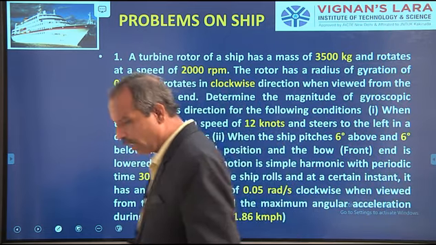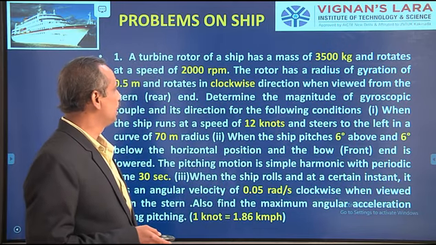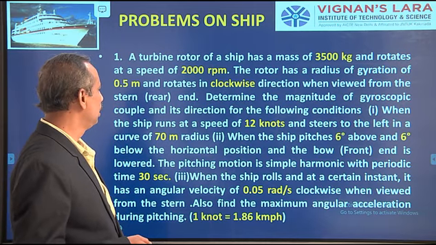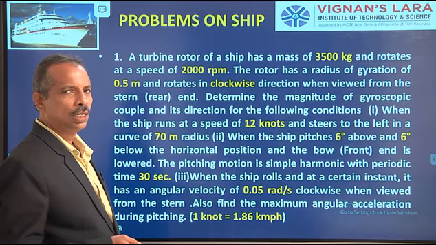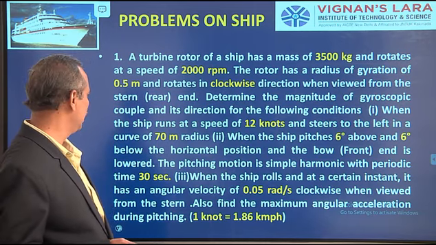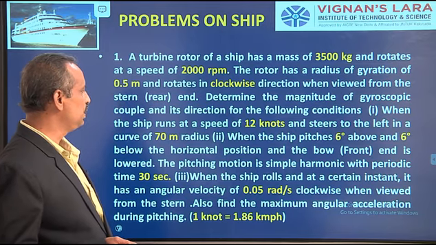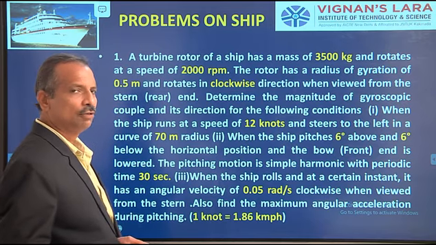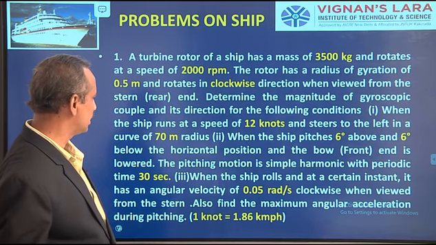Then part B is when the ship pitches 6 degrees above and 6 degrees below the horizontal position and the bow, that is the front end, is lowered. The pitching motion is assumed to be simple harmonic with a periodic time of 30 seconds.